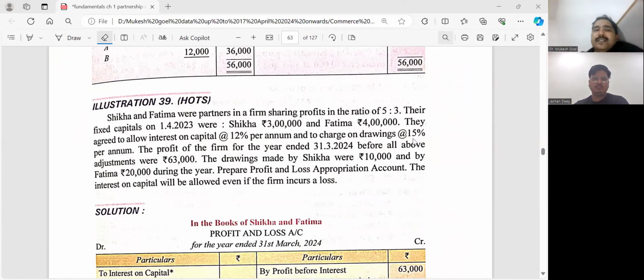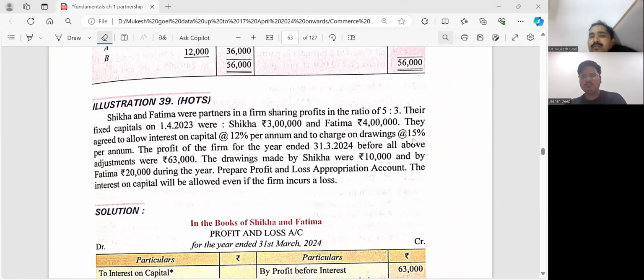Example number 39. Sikha and Fatima were partners, profit sharing ratio 5:3. Their fixed capital, it means all transactions will go through current account, is Sikha 3 lakh, Fatima 4 lakh.